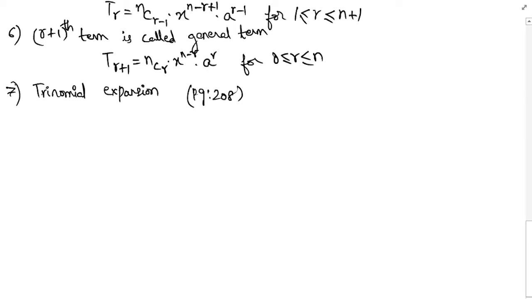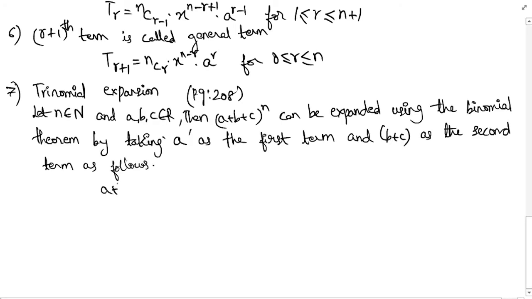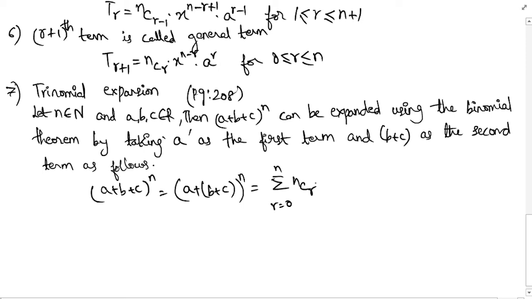I'll write it here. (a + b + c)^n = (a + (b + c))^n, which is equal to the sum for r = 0 to n of nCr a^(n-r) (b + c)^r.